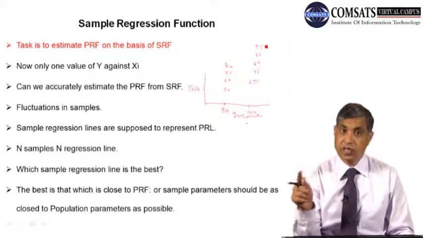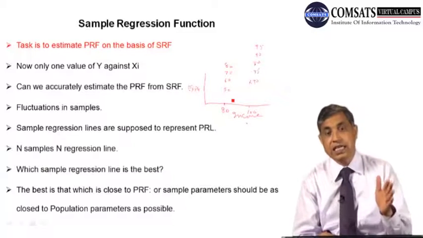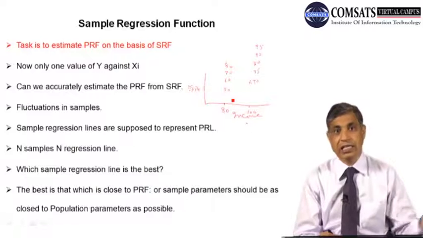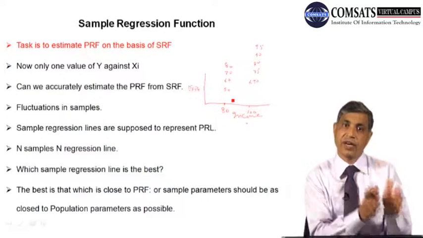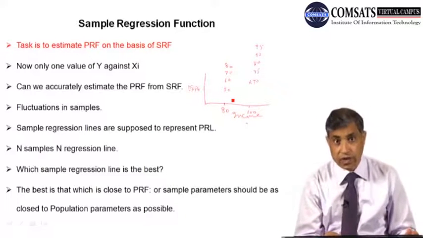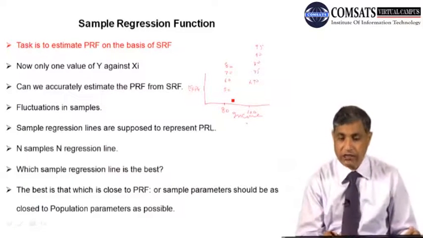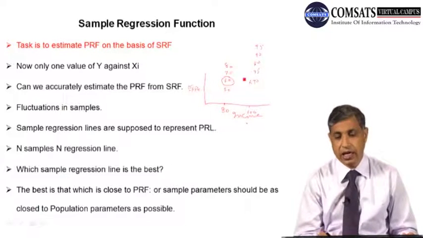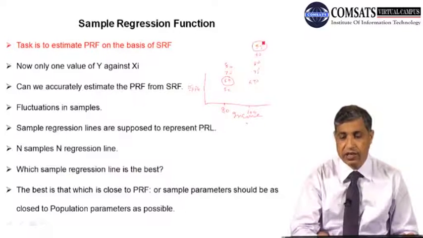What is the difference between the population and the sample? In the sample, we will be taking just one value of the independent variable against one value of yi, so one matching of one value of y with one value of x. For example, if I take a sample, I randomly select this from this bin, and from the next bin I randomly select, for example, this.